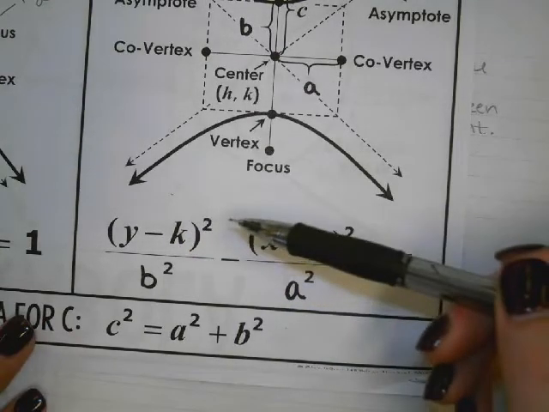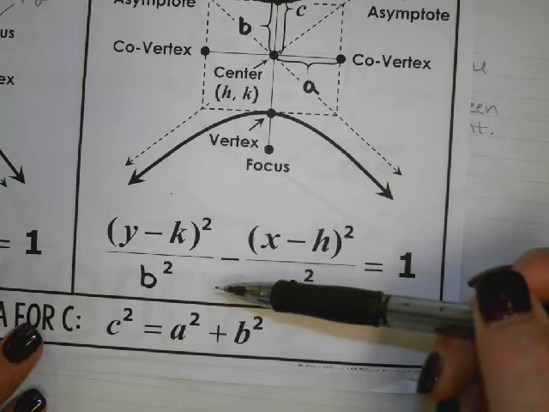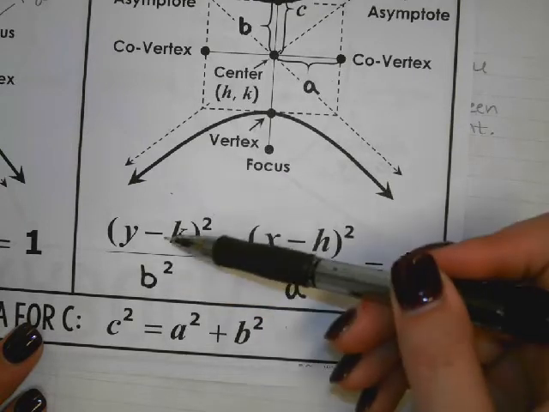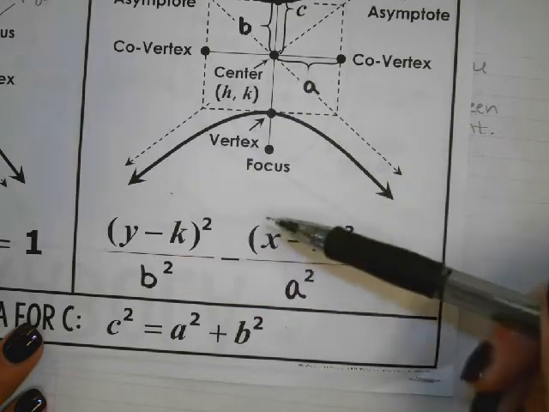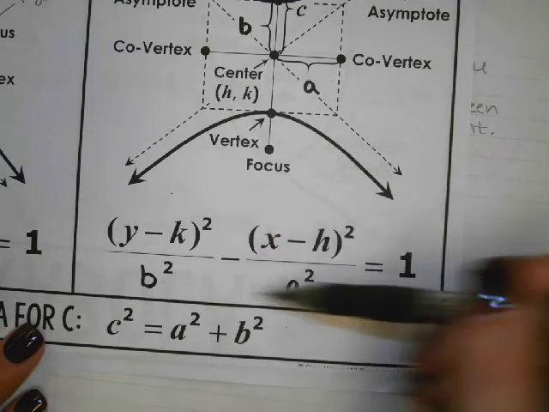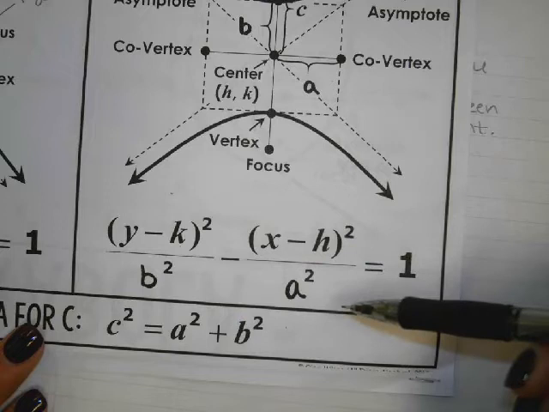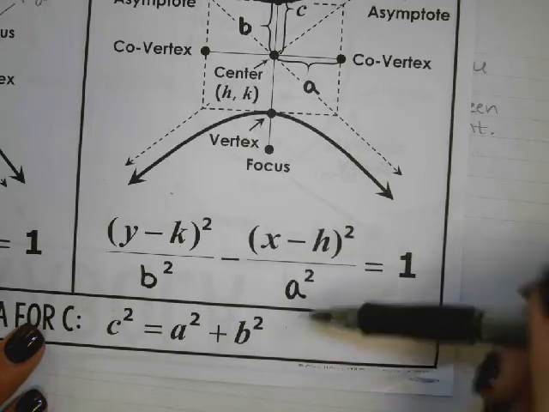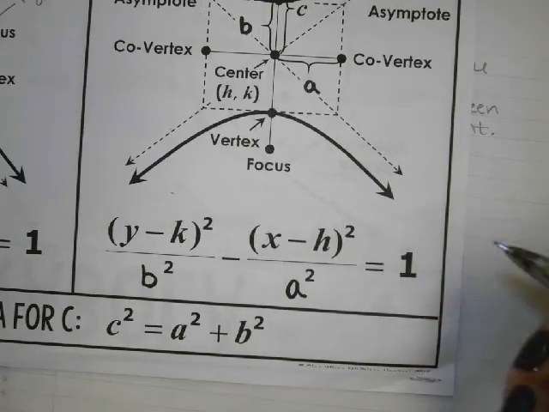And so that's the part that we're going to notice when we do these problems is we're going to say, okay, if the y is first, then the curve is up and down. If the x is first, then the curve is left and right. It does not matter which number is bigger, A or B. The size of those numbers does not matter for hyperbolas, not one little bit.